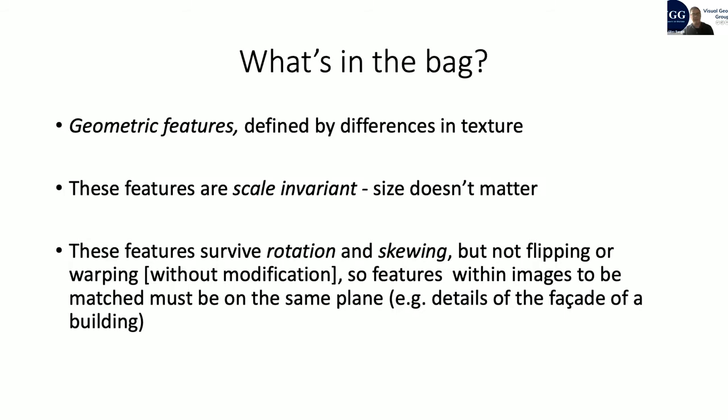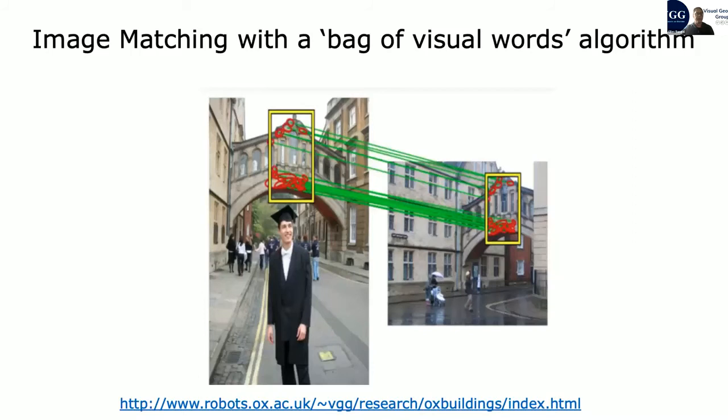Those features also survive rotation and skewing, but not flipping or warping. So if this image was in a mirror, we couldn't retrieve that without doing some modification. Features have to be within the same plane, which details on the facade of a building like this very much are, regardless of the angle of view. So those can be efficiently retrieved using this method.